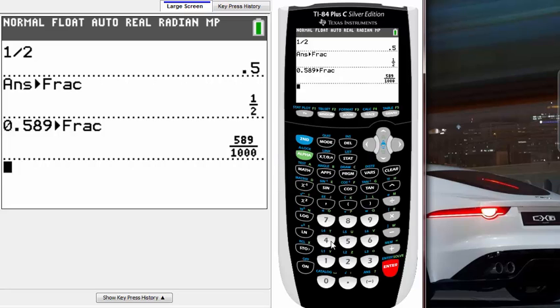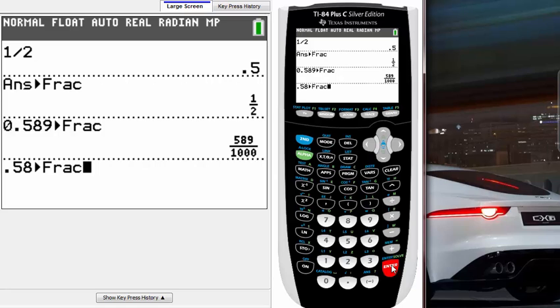So for example, if it was 0.58 and you changed this into a fraction, your answer is supposed to be 58 over 100, right?